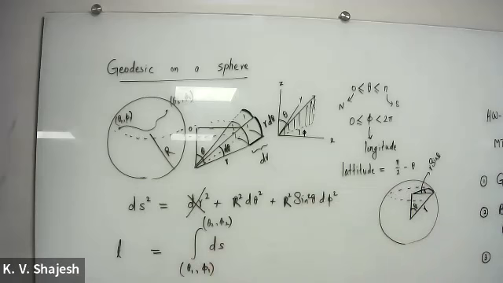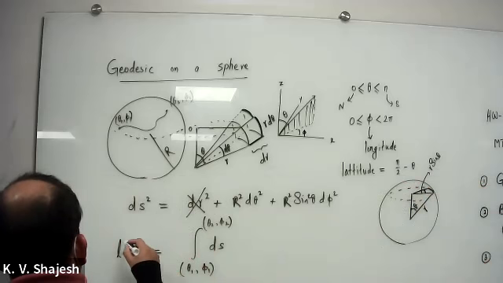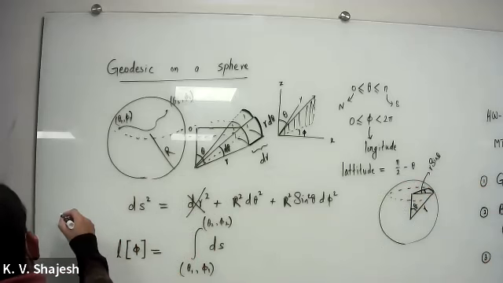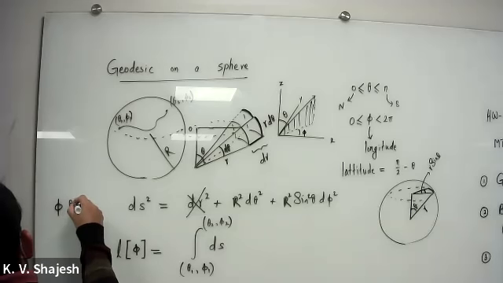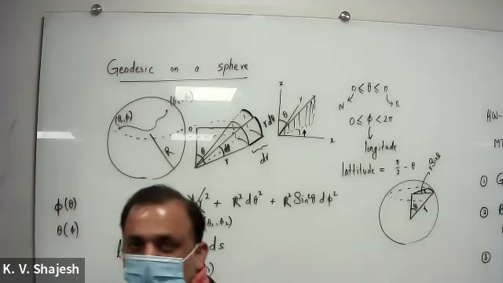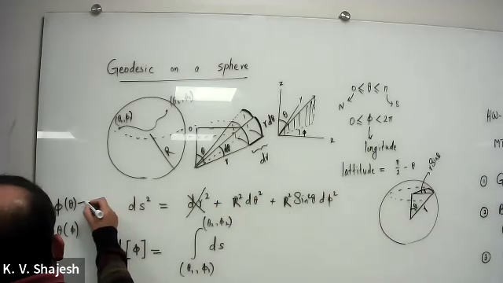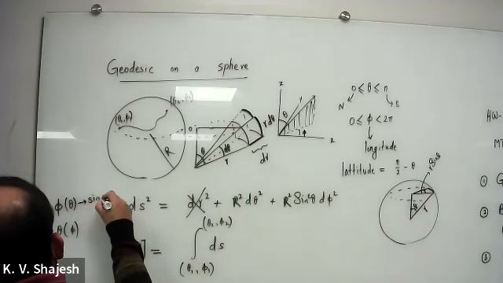In this case, it will be easier if you take theta as the independent variable. Notice phi could be a function of theta. That's one possibility. And theta could be a function of phi. Both are perfectly fine. We will do this. This is simpler.